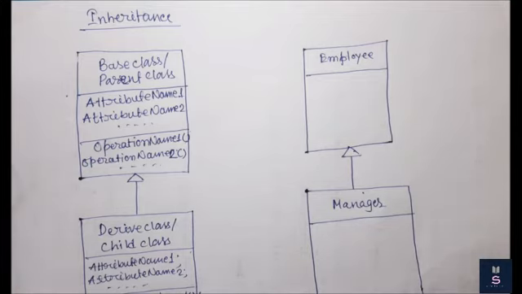So right now, inheritance is a way to form new classes using classes that have already been defined. One class is already defined, and we form a new class with the help of the base class. That is the concept of inheritance, in respect of object oriented design.